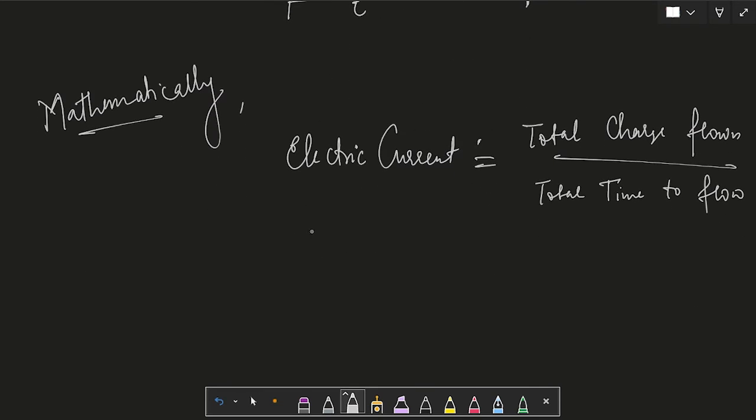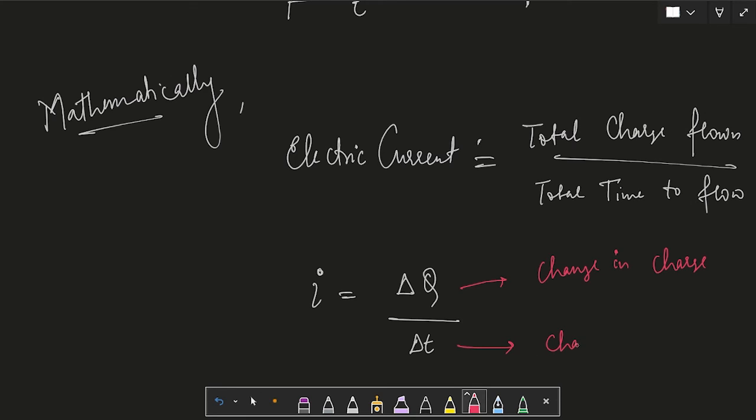We'll write it in terms of notations. So electric current is defined as I, notation-wise. Total charge will be defined as delta Q, that is change in charge, divided by delta T, that is change in time. Change in charge is calculated to find out the total charge flown, and this is the change in time.